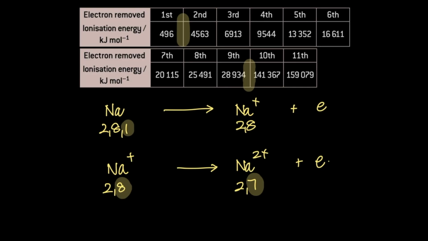So taken together, they show that there is only one electron in the outermost shell. That's the key here, because the moment you go to the second electron, it was from a shell closer to the nucleus, which meant that only this electron was in the outermost shell. And then from the second to the ninth, all the values increase slightly.